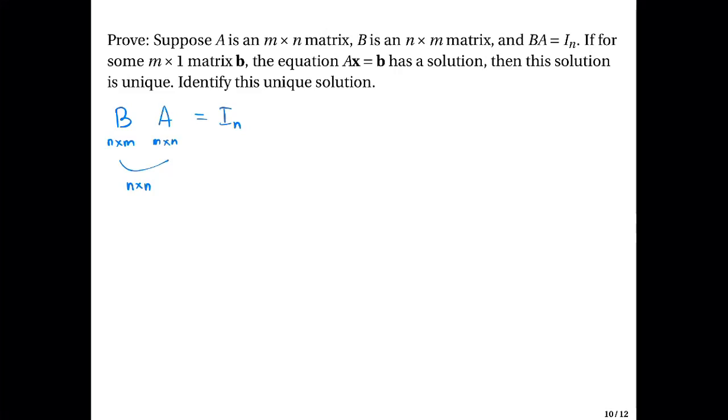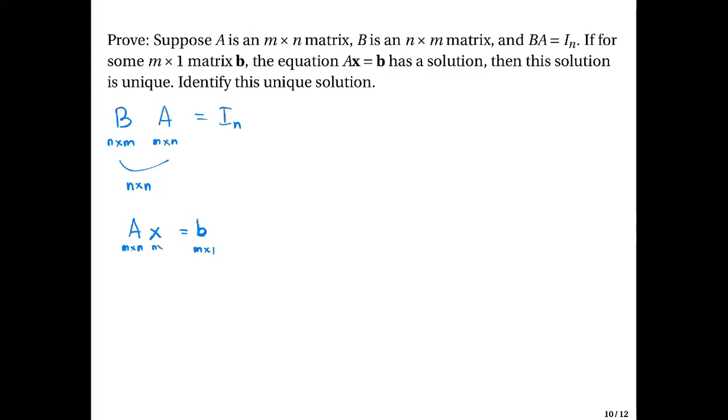And then, for some M by 1 matrix, the equation AX equals B has a solution. So we look at that. Your A is M by N. And then your matrix B here is M by 1, which means, of course, you have the column vector X. It consists of your variables.